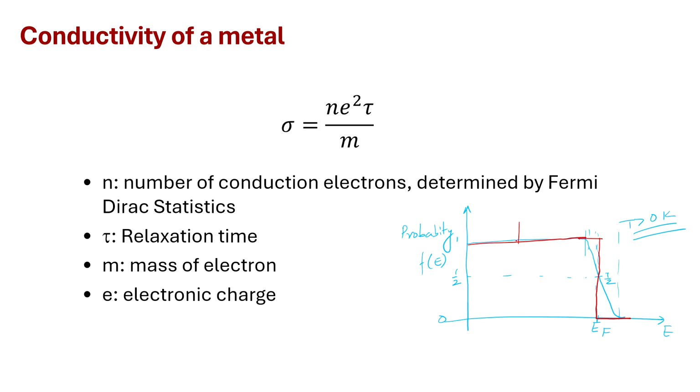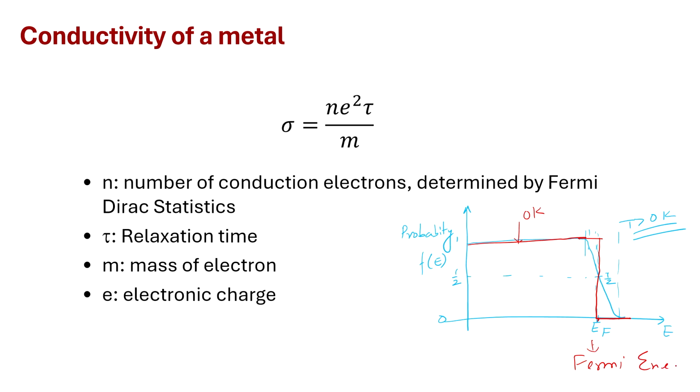So, this red curve is at 0 Kelvin and the blue curve is at a finite temperature more than 0 Kelvin. So, EF is a very important number which tells you the threshold of energy around which carriers are excited, and above which no energy level is filled at 0 Kelvin. All the energy levels below EF are filled at 0 Kelvin, and this is called the Fermi energy.